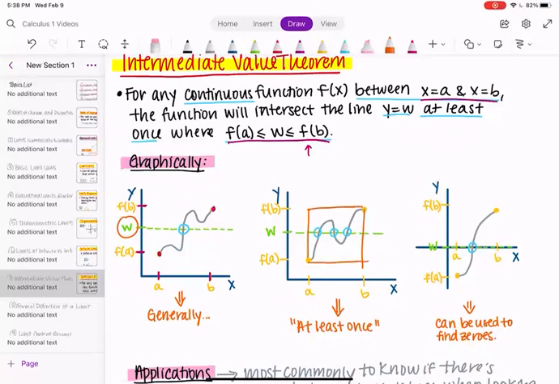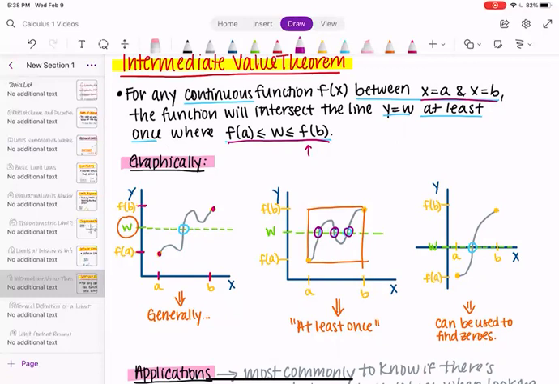I can draw all the horizontal lines I want, and the function will cross each at least once, but at least once means it can happen more than once. That's what's demonstrated in this function. If I draw the line at w, it actually crosses the function 3 times. So it can definitely cross more than once, but it has to cross at least once.